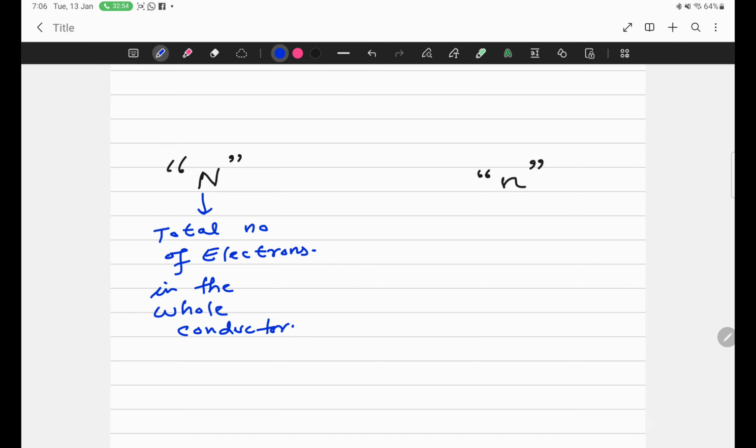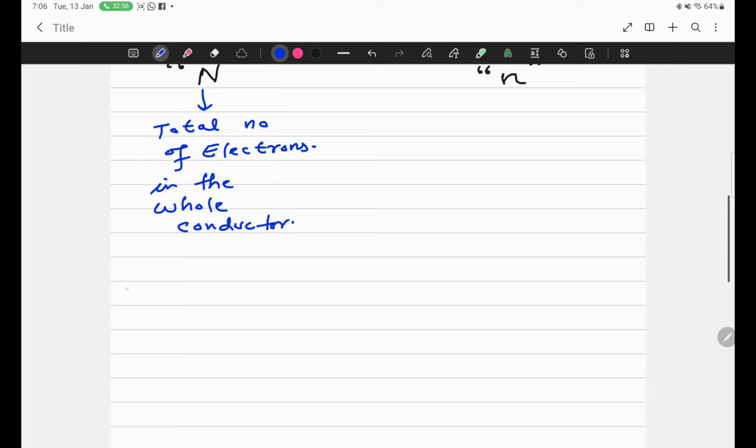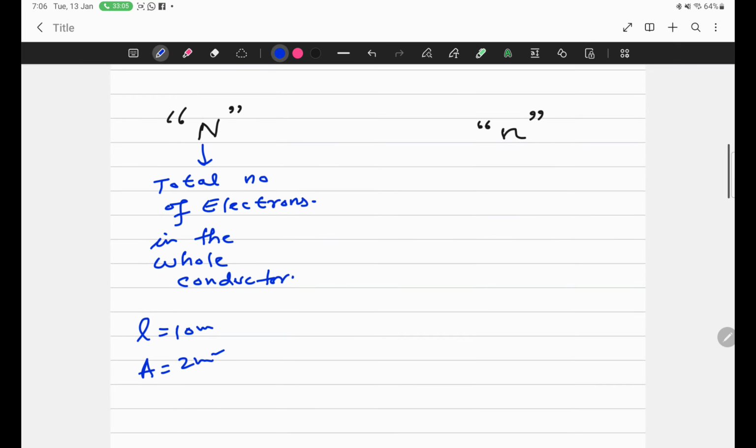Consider you have a metal rod. Its length consider 10 meter, thickness consider 2 meter square, etc. So length may be any number, area may be any number.